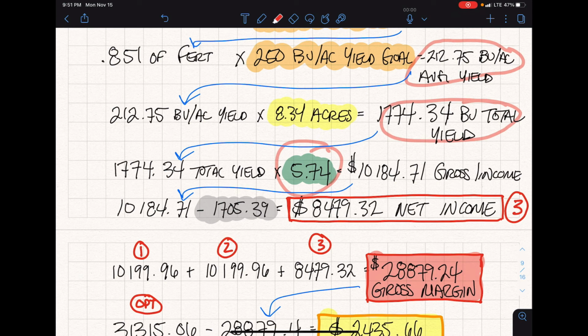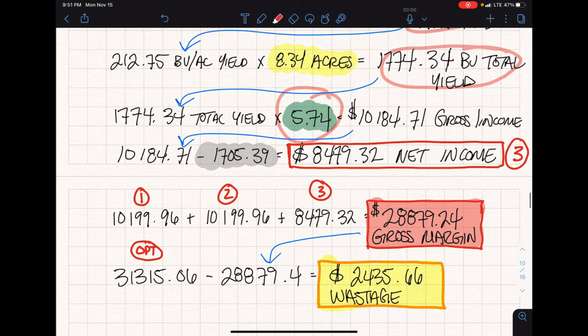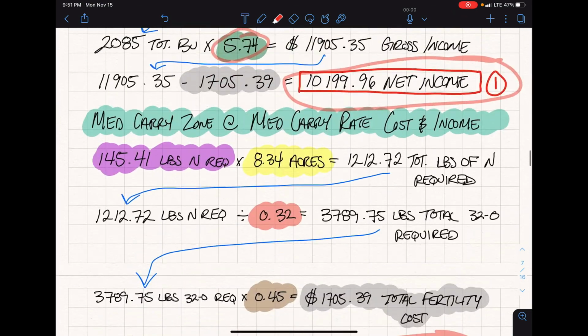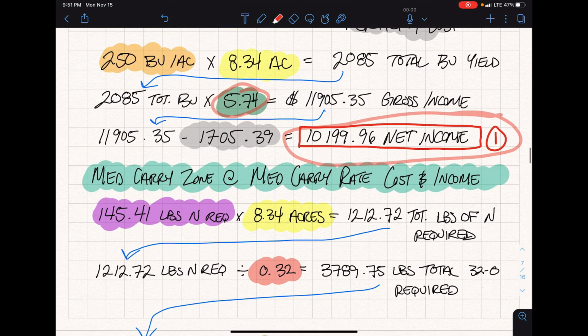Now, to find our gross margin for this operation, we have to add up our 3 zones' net incomes. So you'll notice down here I have 10,199.96 plus 10,199.96 plus 8,479.32. And they're labeled 1, 2, and 3. So if we look back up at the top, we have our 1, which is our $10,199.96 net income.